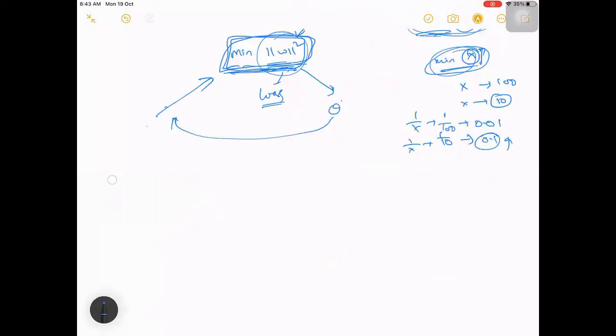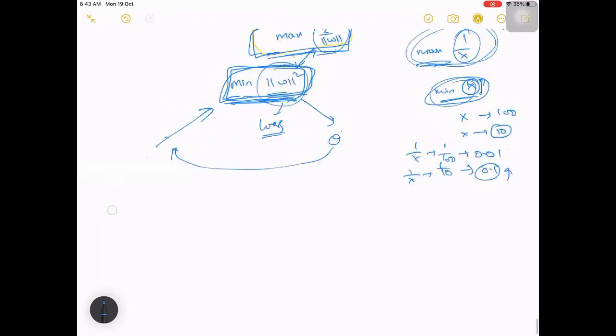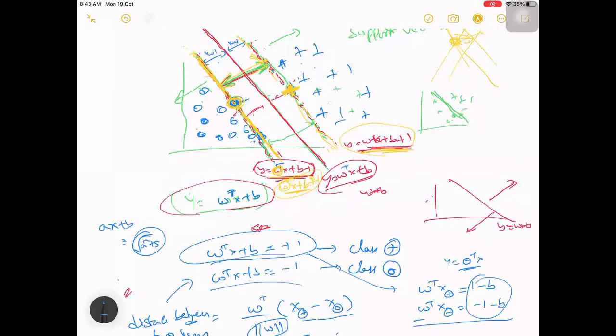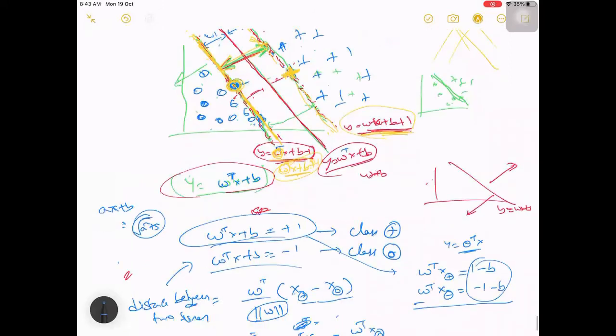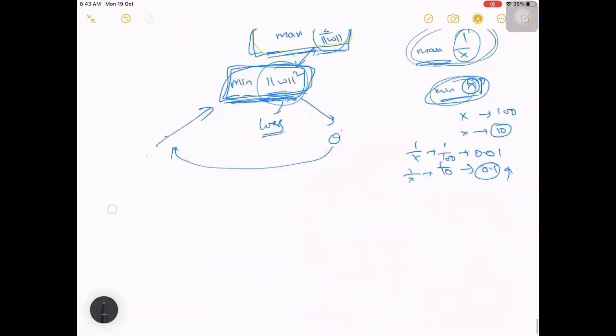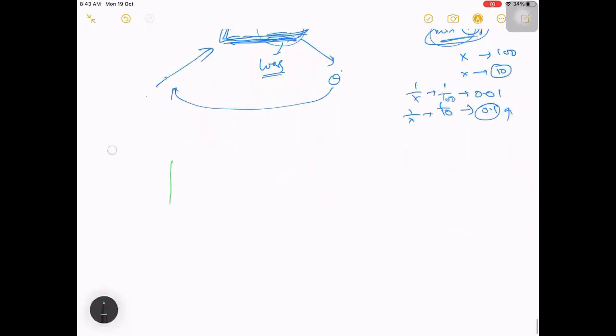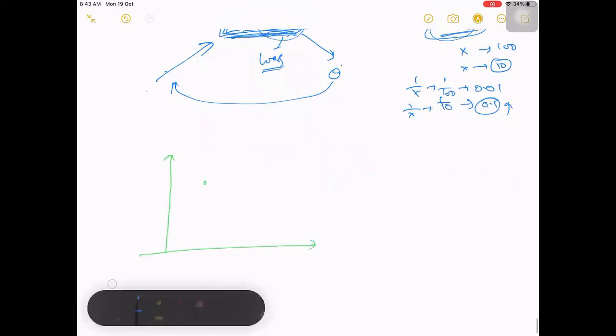Let us say here it is two dimensional. When it is three dimensional or a very high dimension, let's take an example, where I think we discussed this.